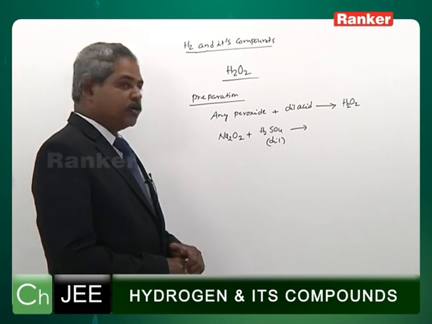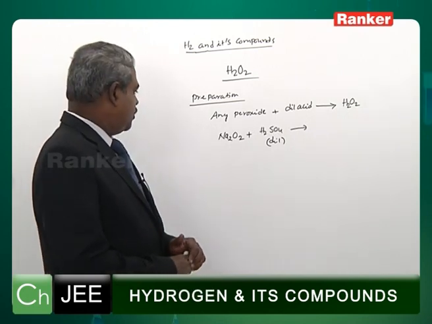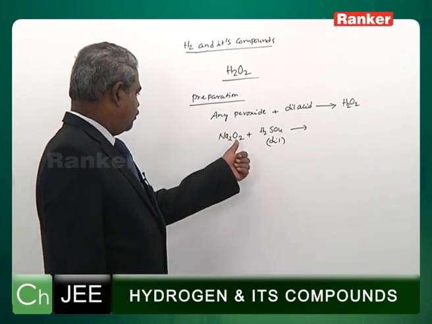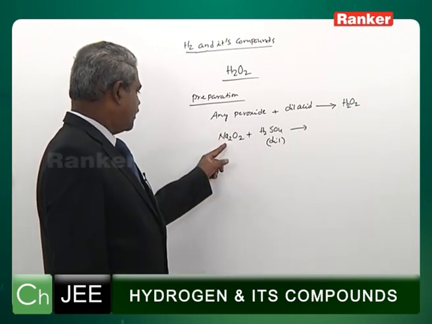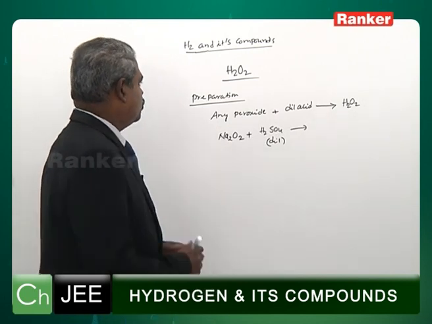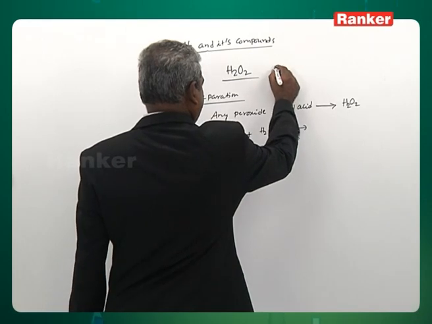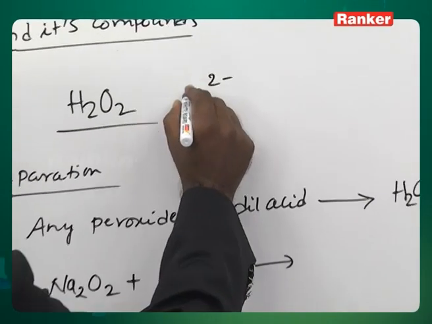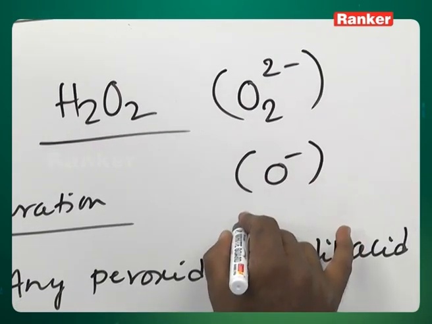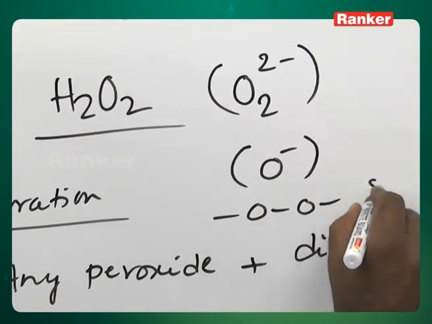Is Na2O2 a peroxide? We discussed in the oxidation states part, the last lecture, Na2O2: plus 1, plus 2, minus 2, O2 2 minus. So, if O2 is 2 minus, we know it is called a peroxide, or O minus, or oxygen single bond.